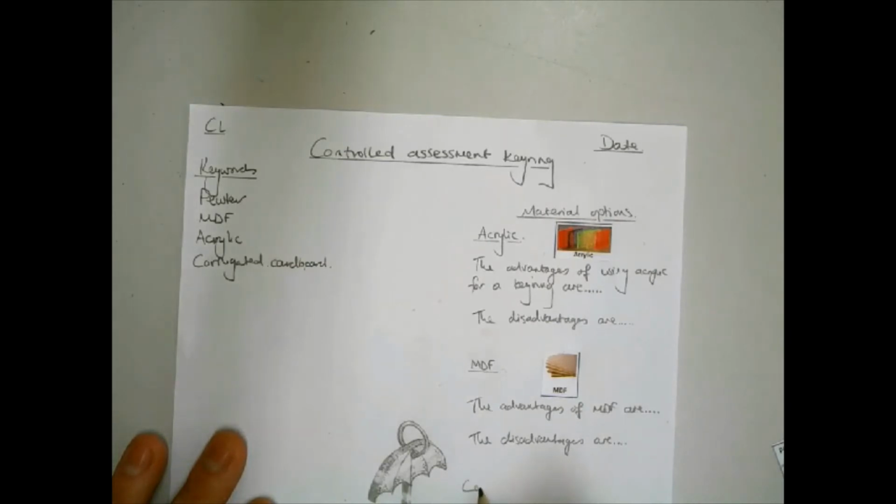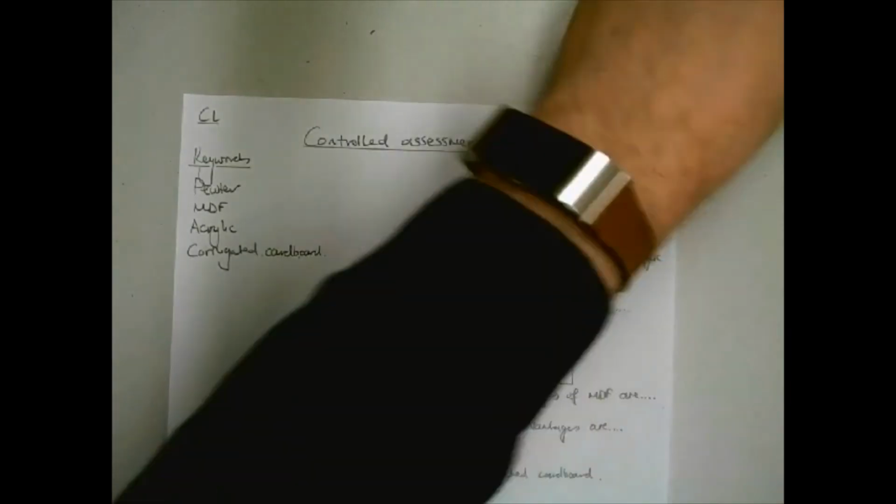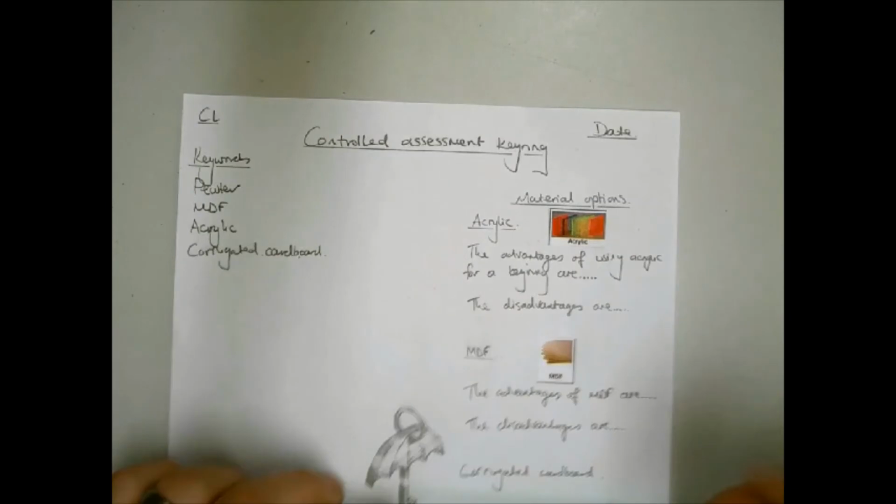The third possible material option is corrugated cardboard. Corrugated cardboard is a material consisting of a fluted corrugated sheet of card and one or two flat linear boards. It is used to make cardboard boxes. Corrugated cardboard is lightweight and thus very convenient to handle.